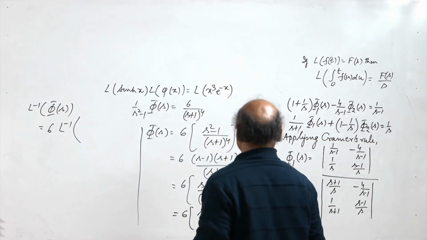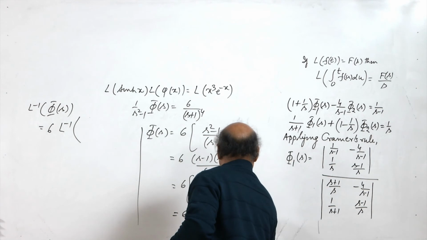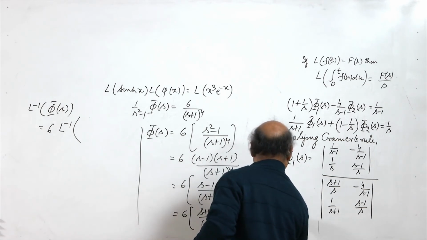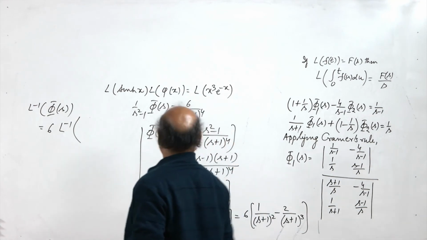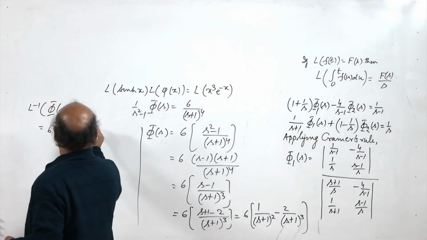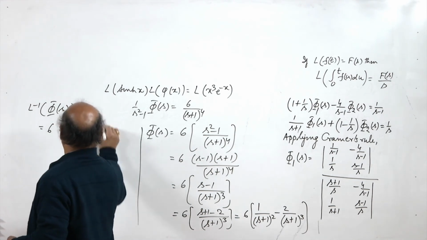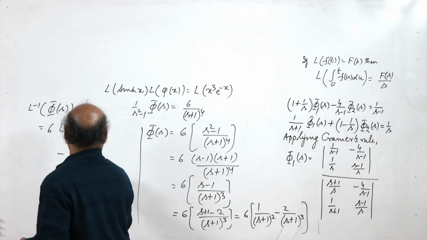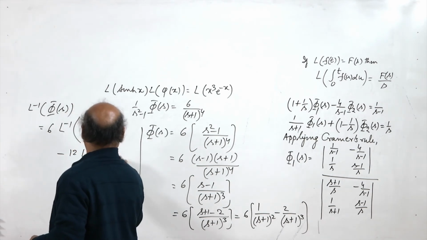So, we have 6 times 1 over s plus 1 whole square minus 2 upon s plus 1 whole cube. So, 6 times L inverse of 1 over s plus 1 whole square minus 12 times L inverse of 1 over s plus 1 whole cube.